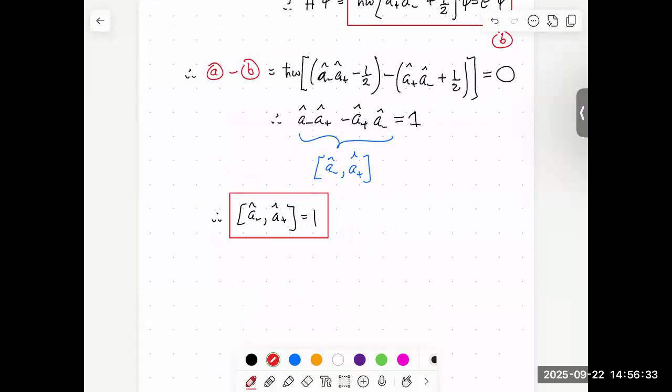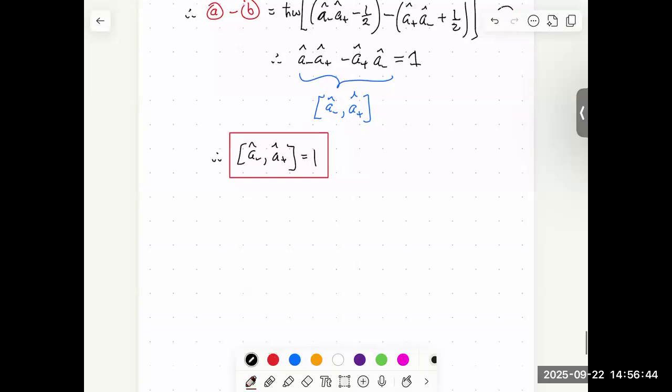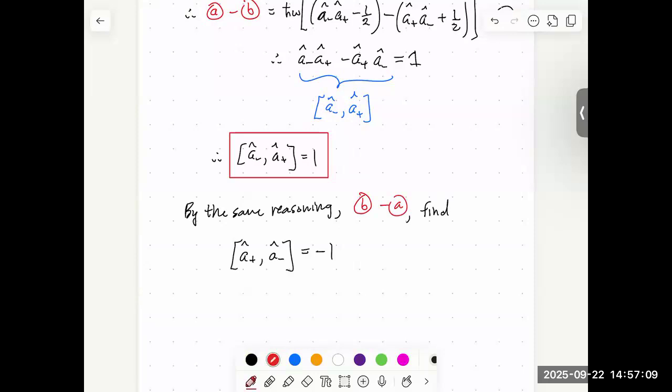If I switch the order of these, all I do is pick up a minus sign. So by the same reasoning, if I was to do equation B minus A, we will find that this commutator is equal to minus 1. Okay, good.